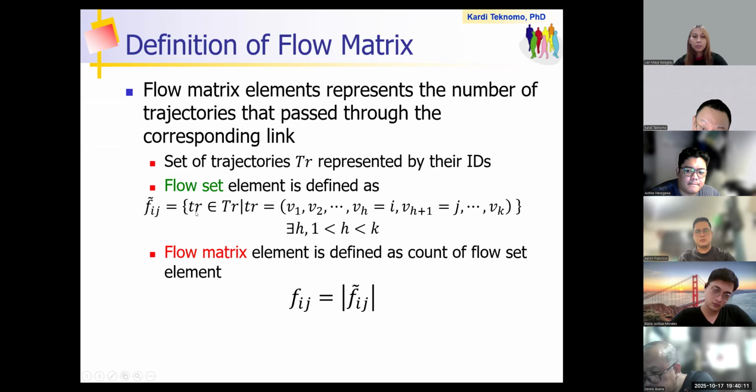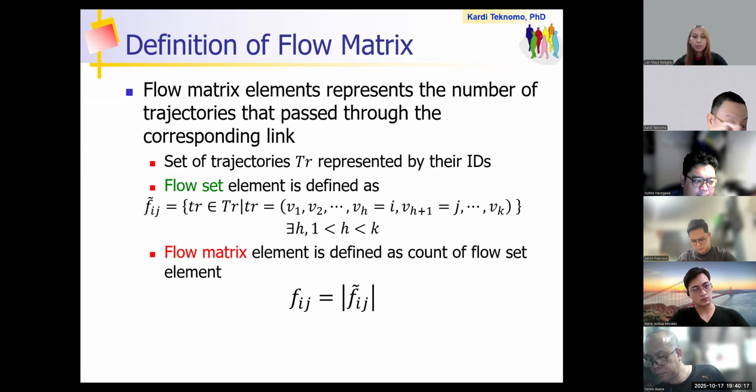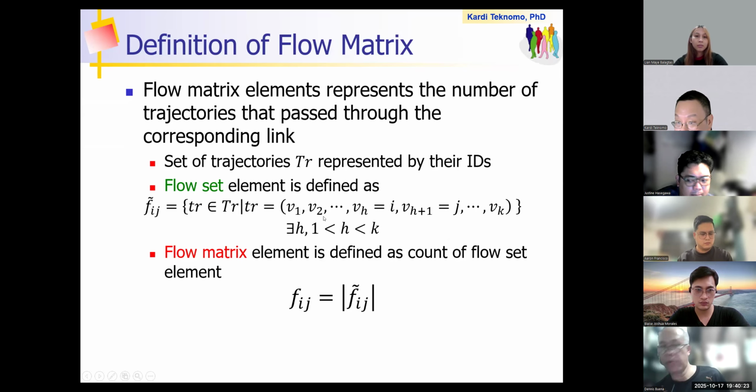If you have the trajectory, the flow set matrix consists of the ID of the trajectory. You have the node sequence, this is the trajectory. Then you have i and j, which are consecutive, h and then h plus 1. Can you see that?